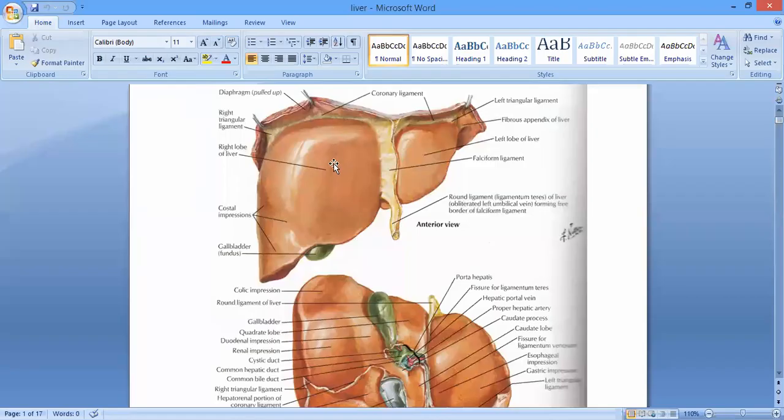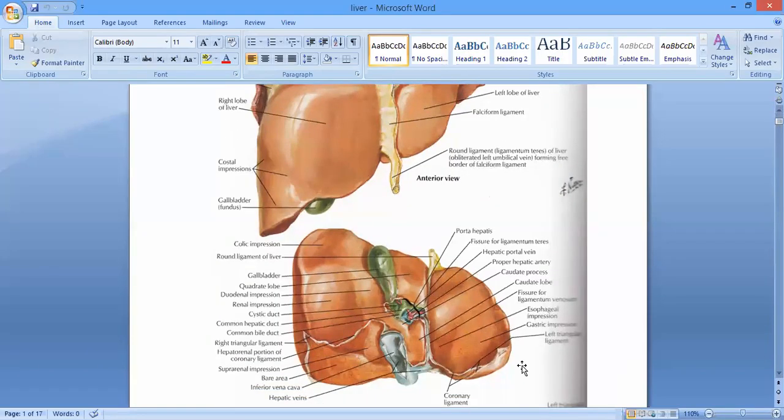That is called the Cantlie line. And this line passes, कहाँ से pass करेगी जी? जहाँ से we have got the notch for the gallbladder anteriorly, and posteriorly we have got the notch of the inferior vena cava here. ठीक है? So on the diaphragmatic surface, we have got the imaginary line called the Cantlie line, beta, and that Cantlie line is marked by the notches for the gallbladder and the inferior vena cava.